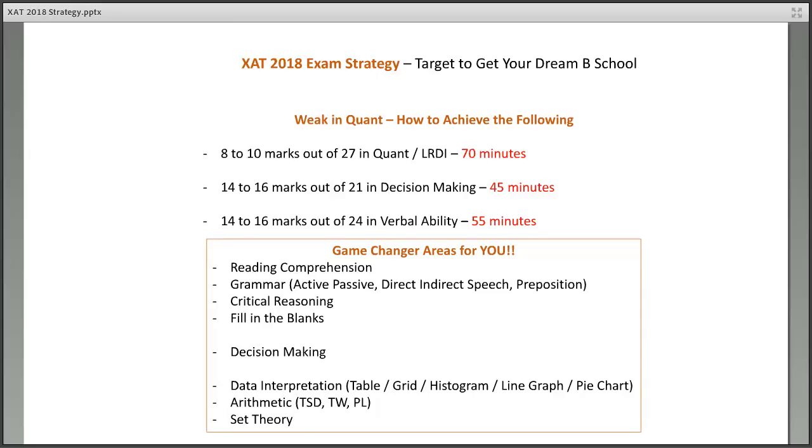Now remember that XAT is giving you 170 minutes for just 72 questions. And obviously you are not supposed to do all 72 questions. If I'm saying that 37 marks or 38 marks are going to take you to 99 plus bracket, that means even if you attempt only around 45 to 50 questions, you are very well placed.